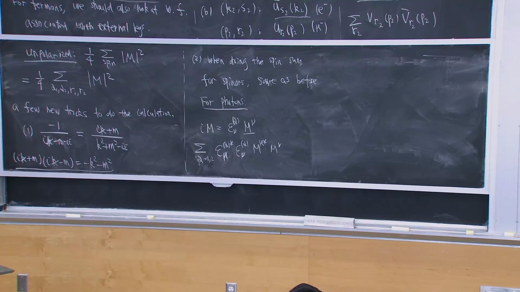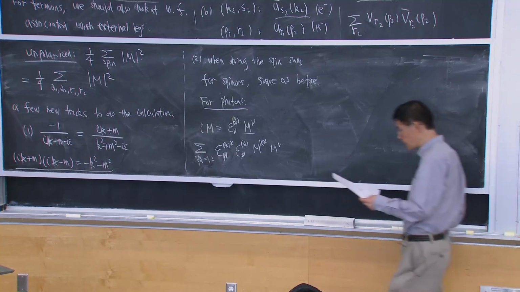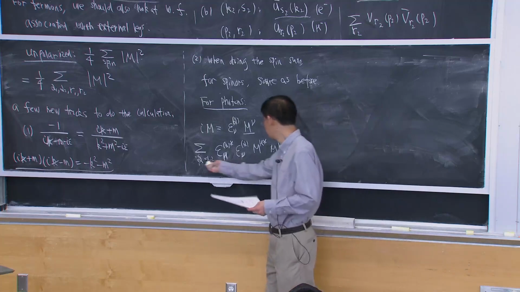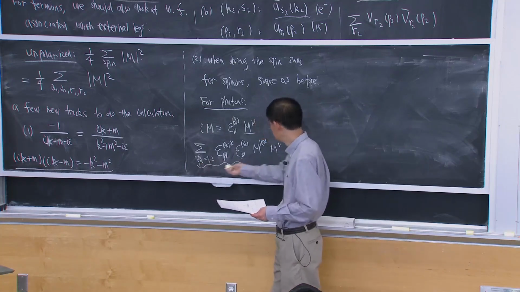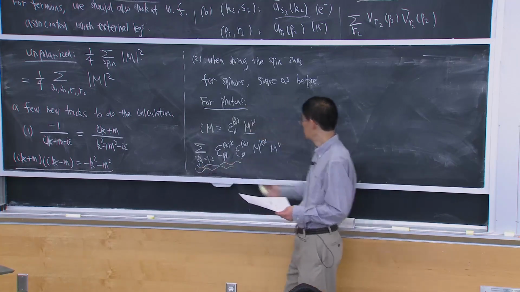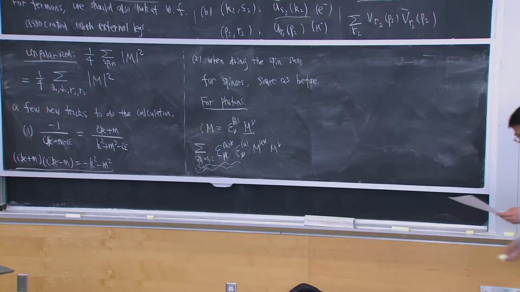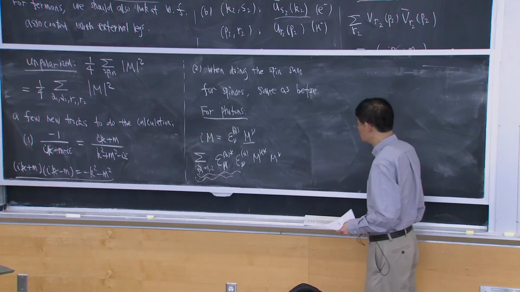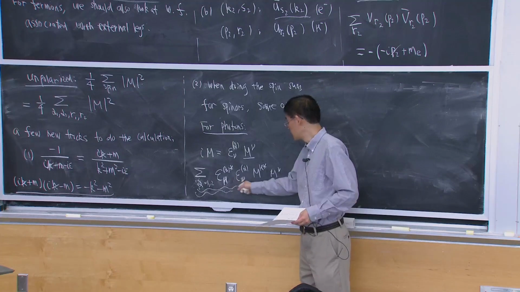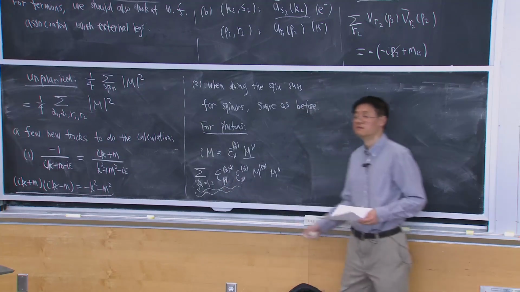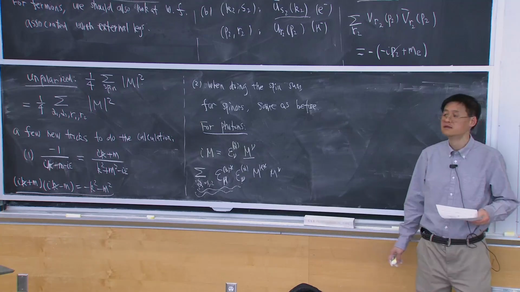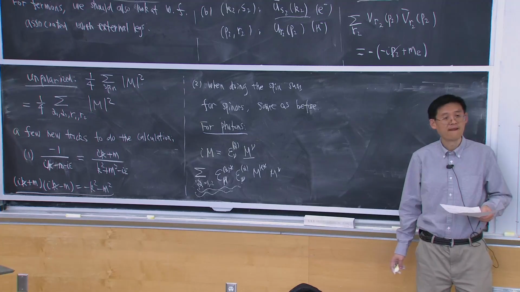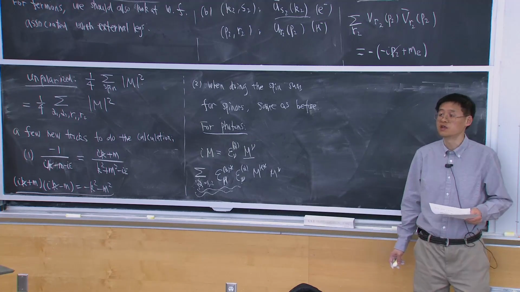Okay. So now to do the spin sum, I need to look at this object. So remember, do you remember what is the sum of this object? Yeah, exactly, the transverse projector.